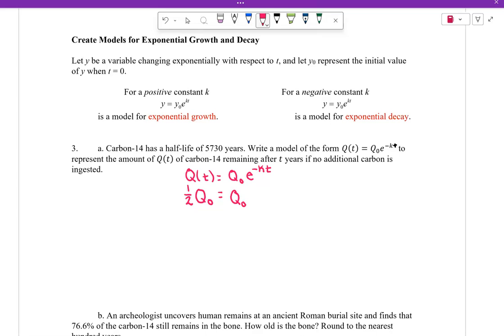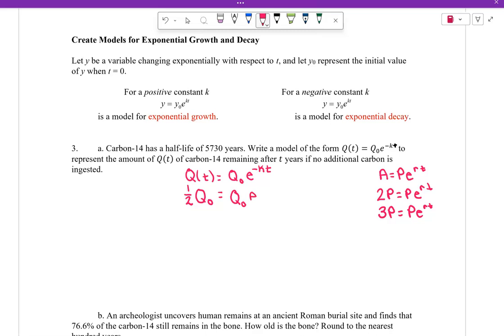So kind of like the conversation we had in class tonight, if I am using this formula and I want to know how long something takes to double, and how we wrote it like this, or something triples, you can write it like this. The half-life is kind of the same thing, but I'm going to put a half there.